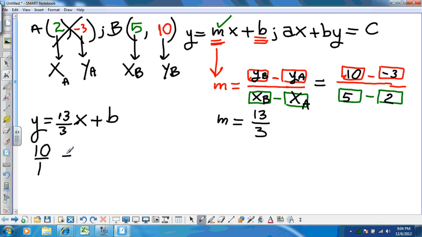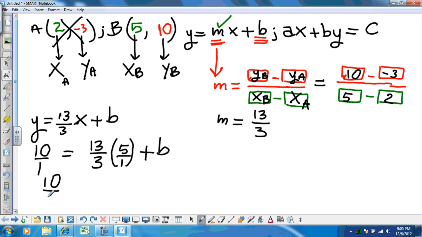You can use either one. You don't have to use both, but you can use either one of them. I'm going to cross out the a and just use the b. So the 5 will be substituted here for the x, and the 10 will be substituted for the y, and then we can figure out what b is.